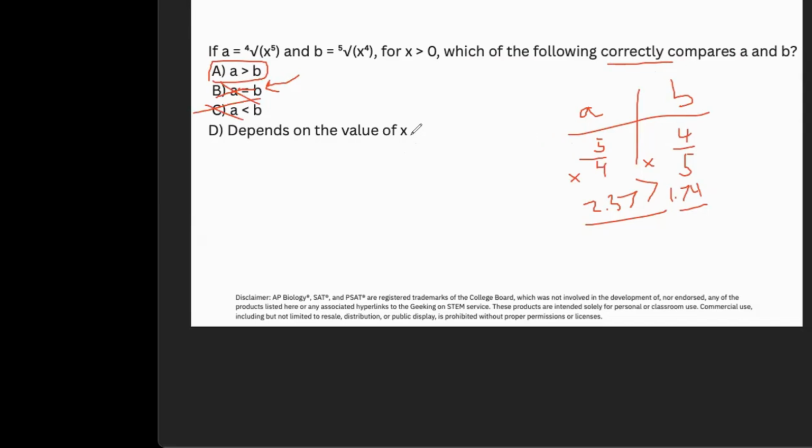Why D is not a good answer choice is because we're comparing the values of X here, and I'm trying to eliminate the thought process of utilizing X because X is inconclusive. If you have 1, if you have 2, it doesn't matter. It's the value of the exponent that's the most important, and we're technically comparing A to B, not the values of X. So because of this, A is the best answer choice for this problem.